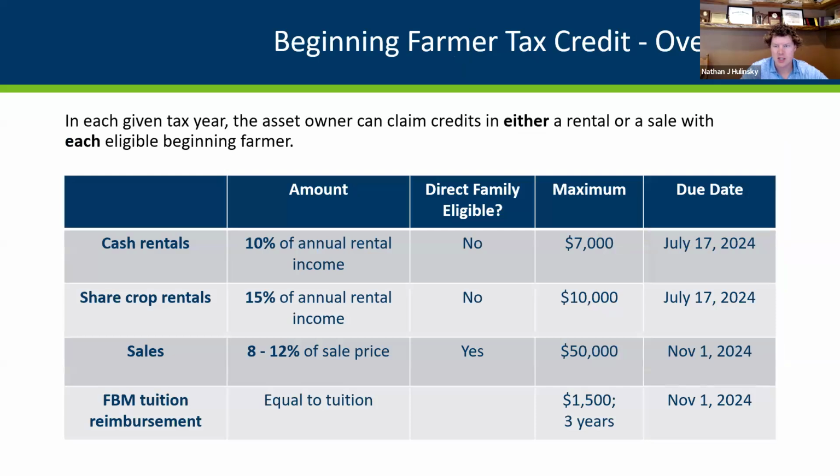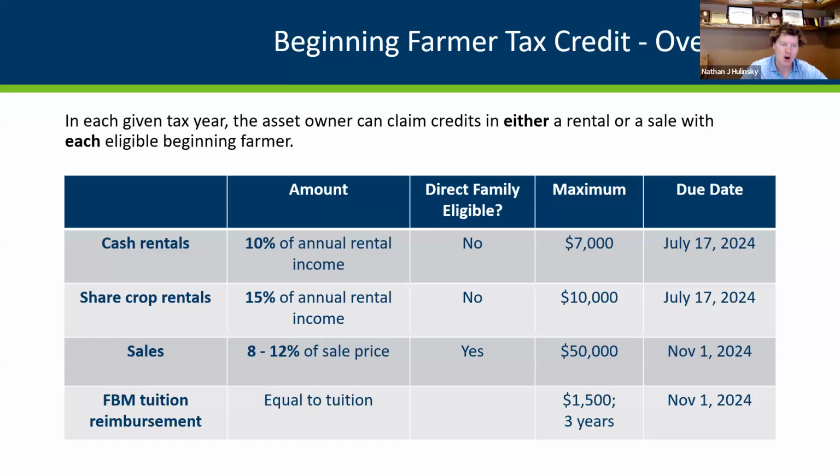And this is the dollar amounts. We can see some of these due dates have already passed, but the sales are open through the 1st of November. Again, it's first come, first serve. The Minnesota legislature has a set amount of dollars that the Department of Agriculture can apply for these beginning farmer tax credits. With sales, it's 8 to 12% of the sales price.